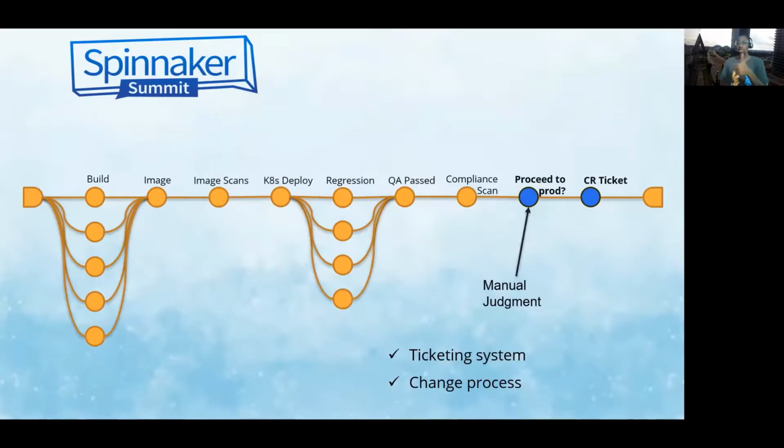Basically, by using the manual judgment stage and raising a ticket, we've done two things. We can now check our ticketing system, ensuring we use it. Yes. We can also implement the existing change process without changing too much.